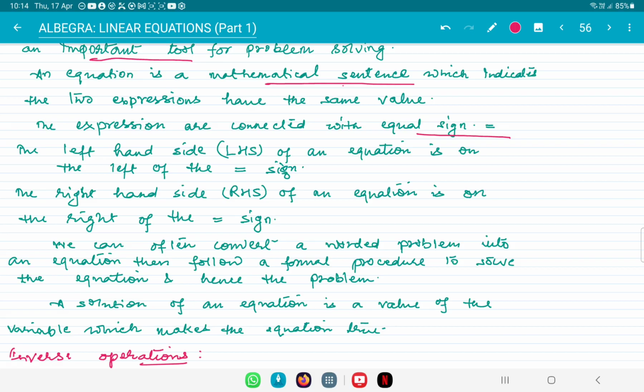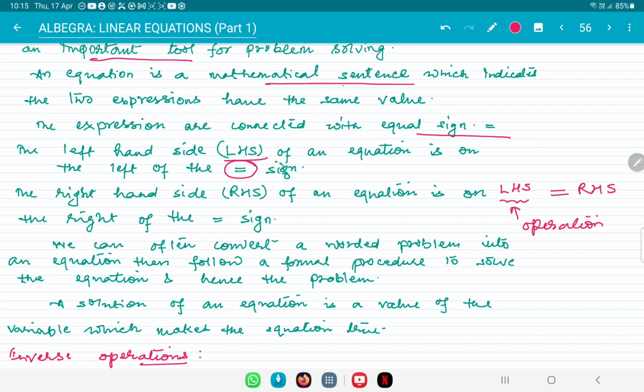The left side, known as LHS of an equation, is on the left hand side of the equal sign. So some expression will be on the LHS and some expression will be on the RHS. These expressions will be a combined form of operations.